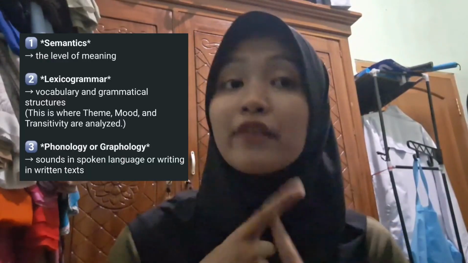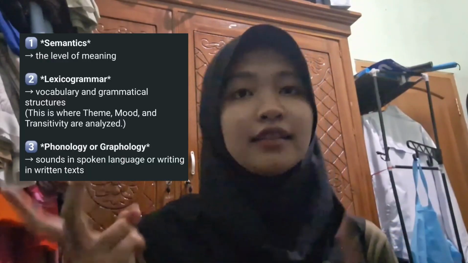The last one we talk about is stratification. Stratification in SFL sees language as a layered system. There are three main layers. The first is semantics, or the level of meaning.